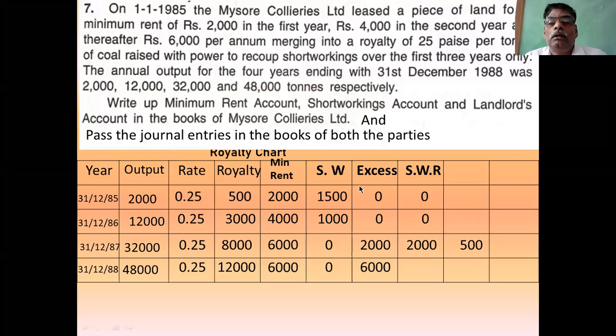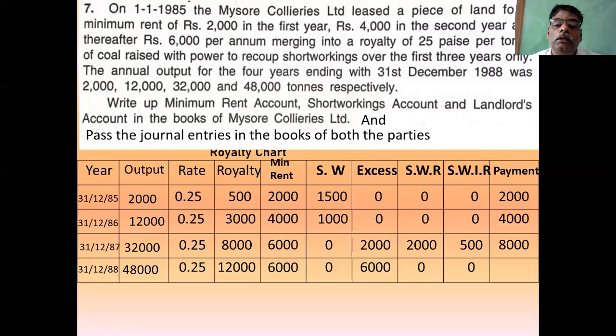Then in the recovery column, you put 0 in the remaining columns. Then payment. Payment is equal to royalty plus SW minus SWR. Royalty plus SW minus SWR. Sorry, it is not 8,000.